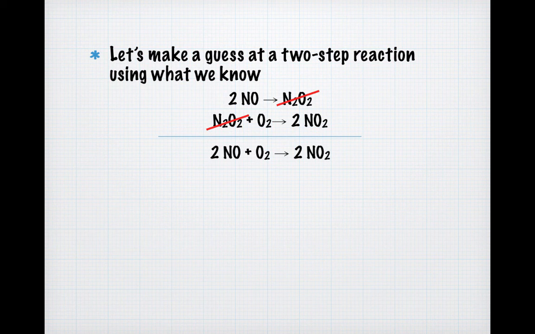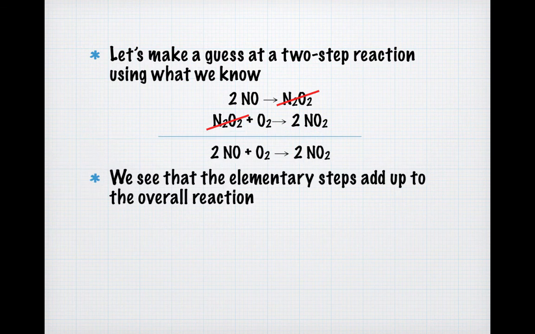So here we have N2O2 in the products of the first step, and N2O2 in the reactants of the second step, and so those cancel out, and what we're left with is 2NO plus O2 going to 2NO2.